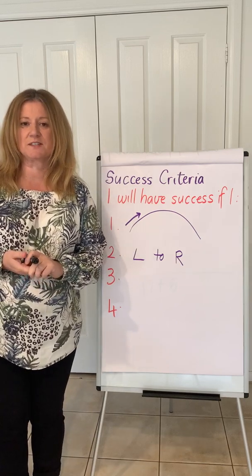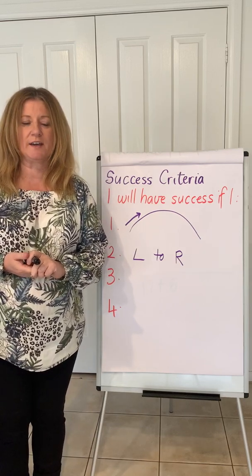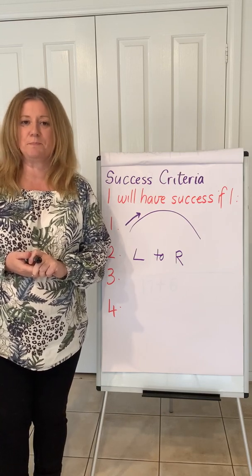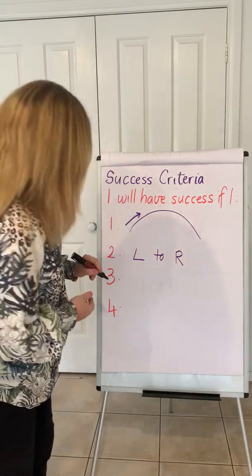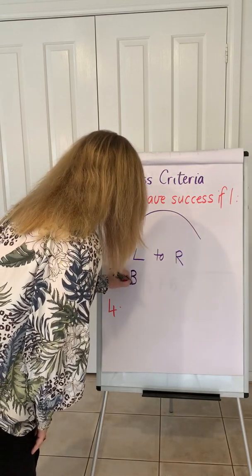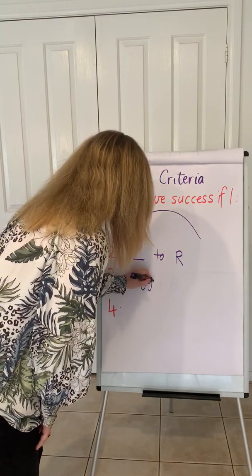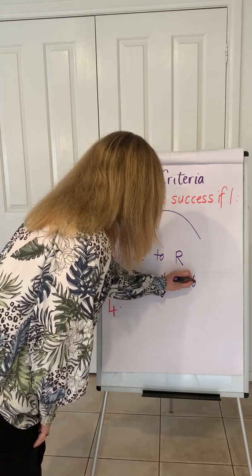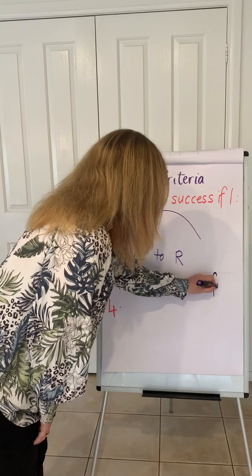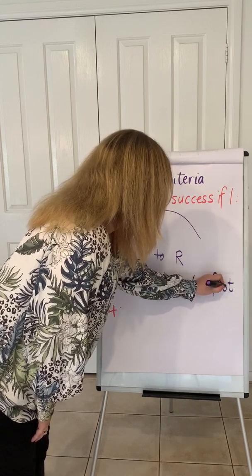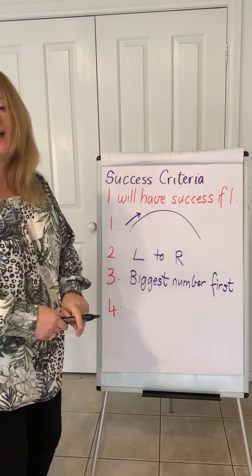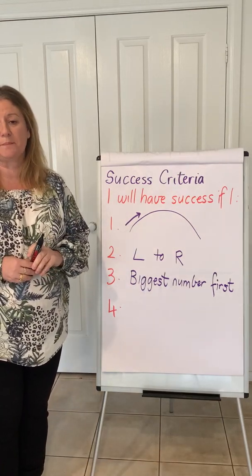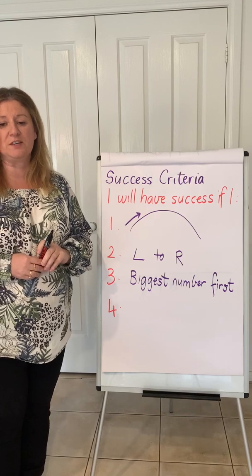Next, I will also have success if when I start jumping on my number line, I always start with my biggest number first. And lastly, I'll have success if when I am jumping by tens, I draw big jumps.